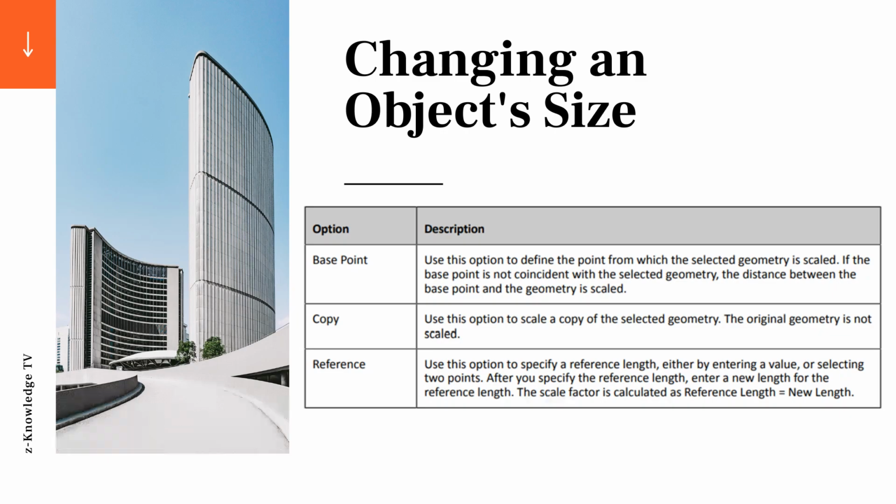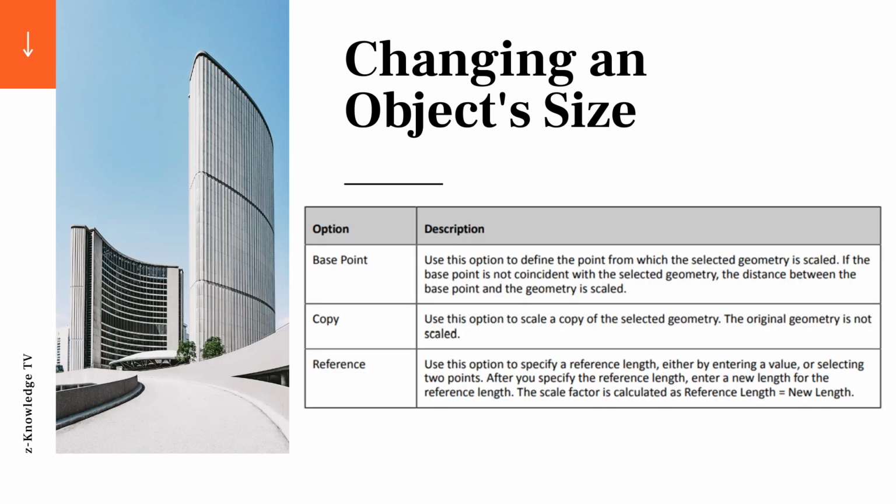The original geometry is not scaled. And last, reference. Use this option to specify a reference length either by entering a value or selecting 2 points. After you specify the reference length, enter a new length for the reference length. So the scale factor is calculated as reference length equals to new length.